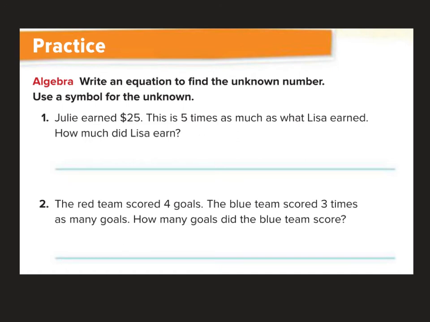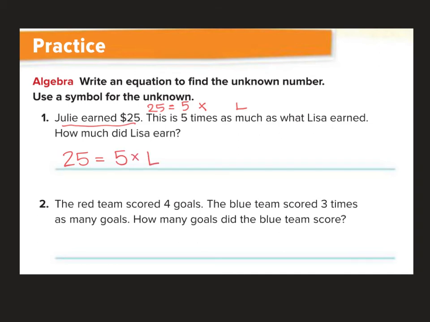Okay, so Julie earned $25. Remember, whenever I see is, I know that's where the equal sign is. 5 times as much as what Lisa earned. Okay, so we know 25 is 5 times L for Lisa's money.